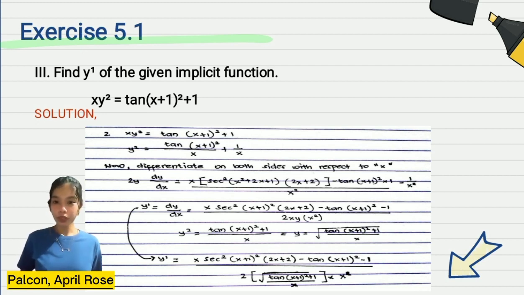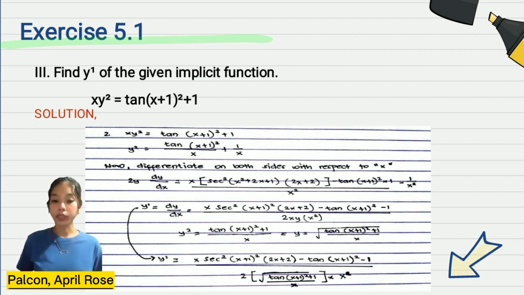So, we will now get the y prime. So, y prime equals dy over dx equals x sec squared times (x + 1) squared times (2x + 2) minus (tan x + 1) squared minus 1 over 2xy times x squared.